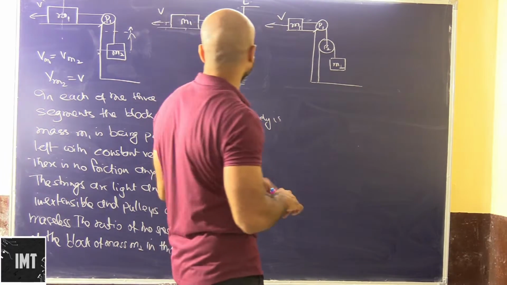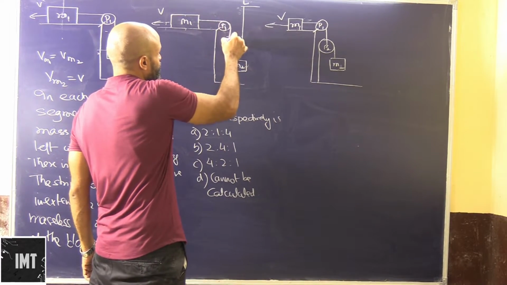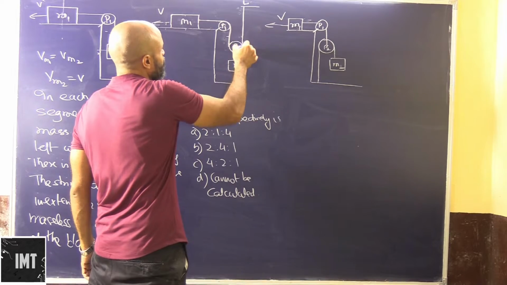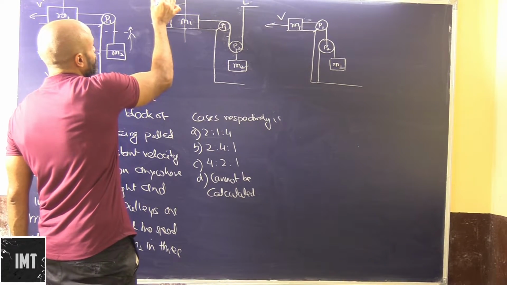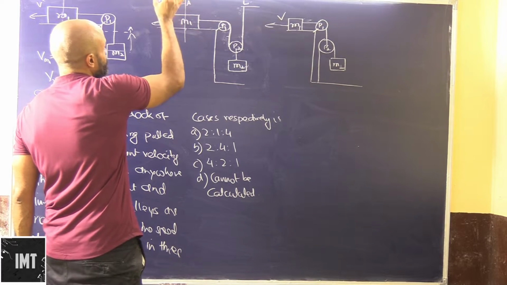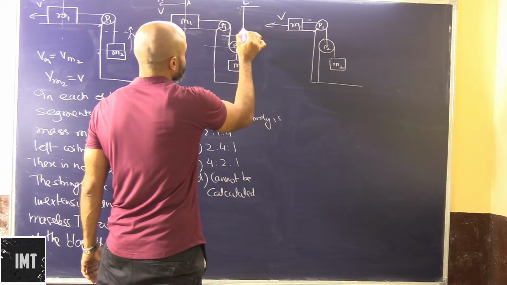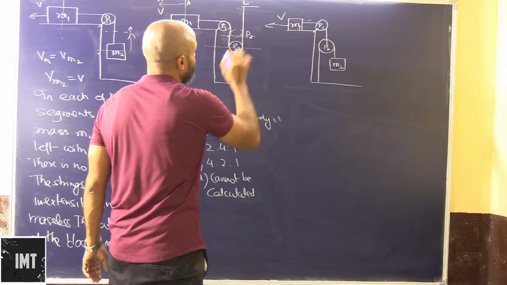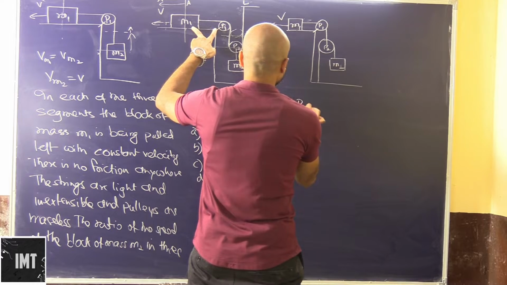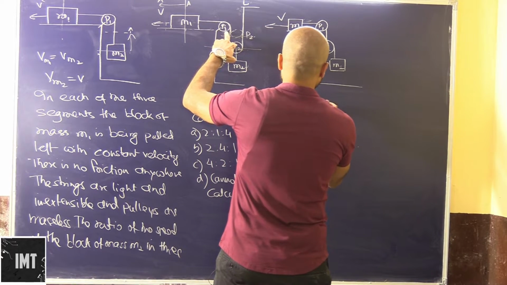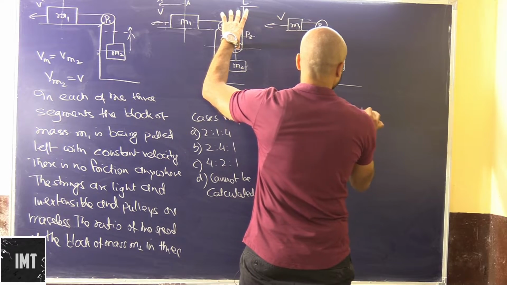Now let's come to this one. This is just one string which is pulling. Let's calculate it. Say this point, original position A, gets displaced to A dash, and pulley P2 gets displaced to a new position P2 dash. The original length of the string was AP1 plus P1P2 plus P2L.